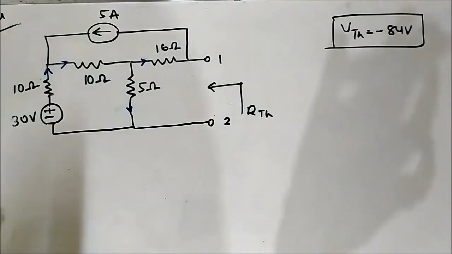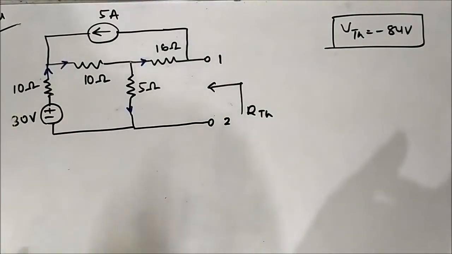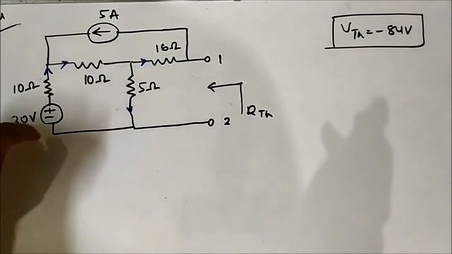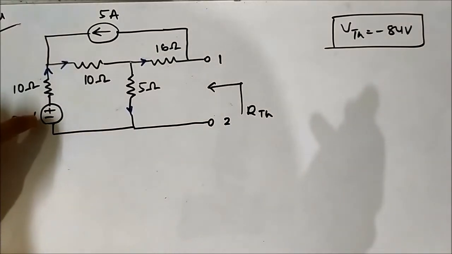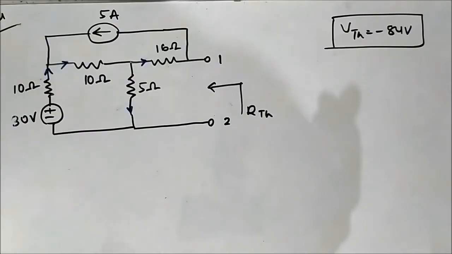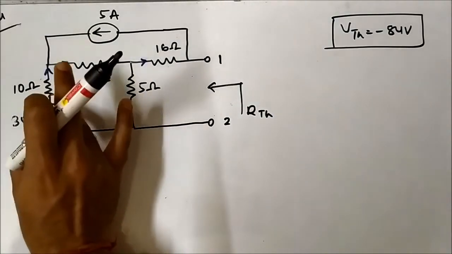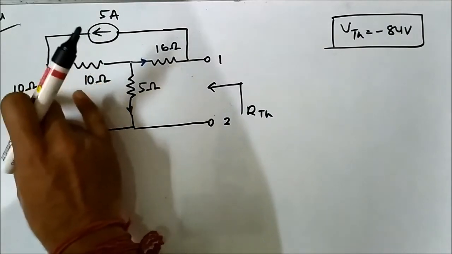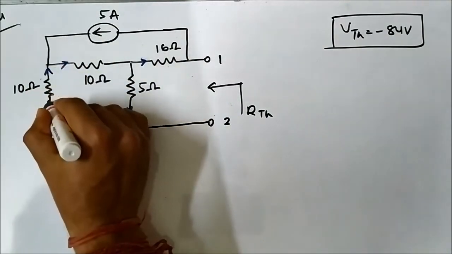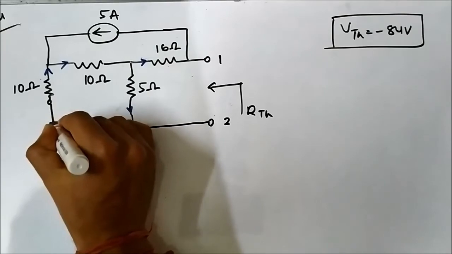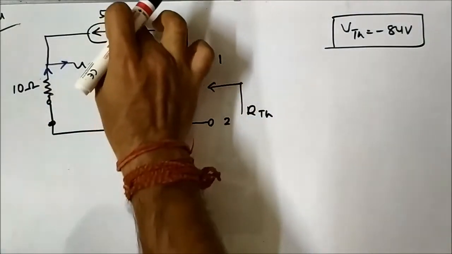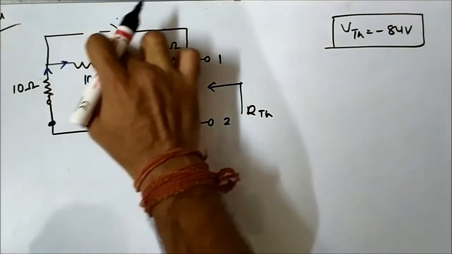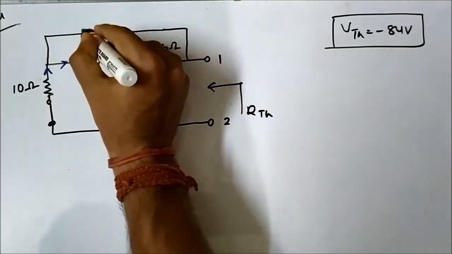Before doing that, first we have to deactivate the independent sources. Here we have two independent sources, one independent voltage source and one independent current source. Voltage sources should be short circuited. This is only for the RTH calculation. Current sources are open circuited.